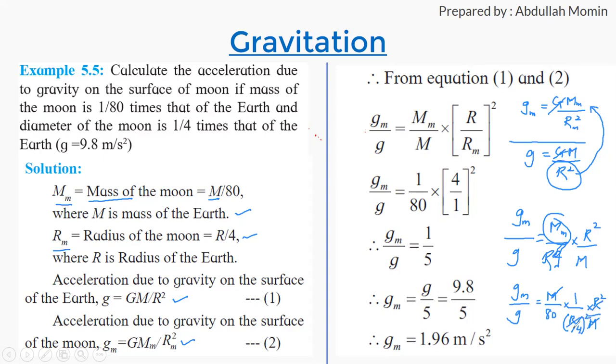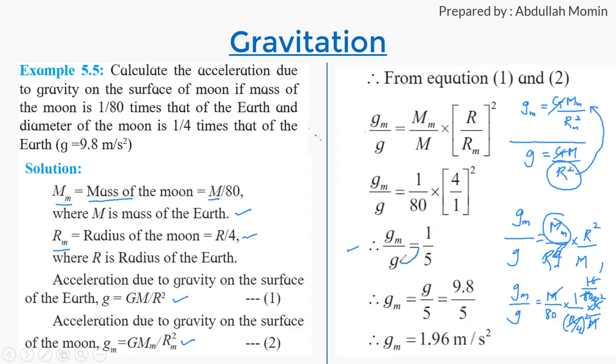This R² and R by 4 squared means 16. The square becomes numerator, so we will get 16 by 80. So 16 ones is 16, 16 fives are 80. So we will get gm upon g as 1 upon 5.